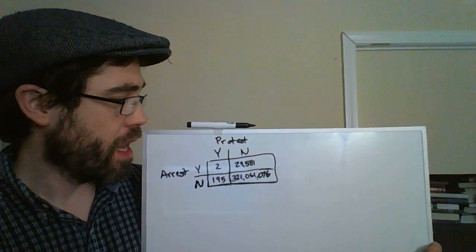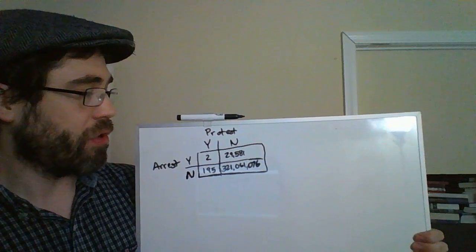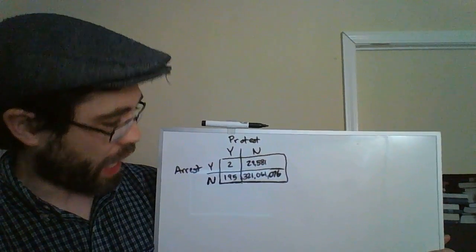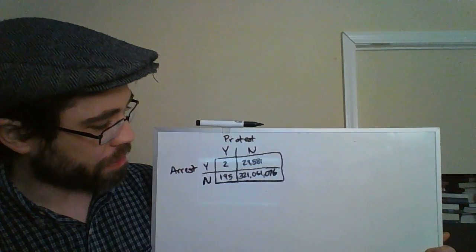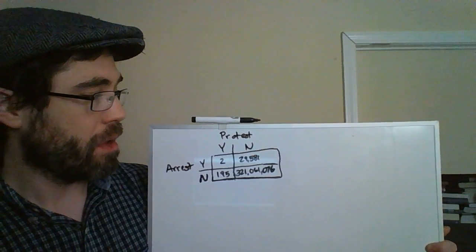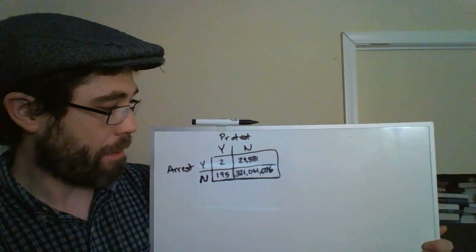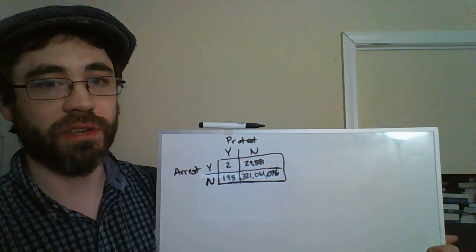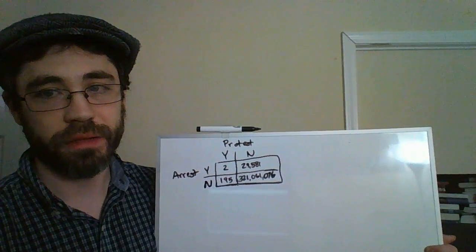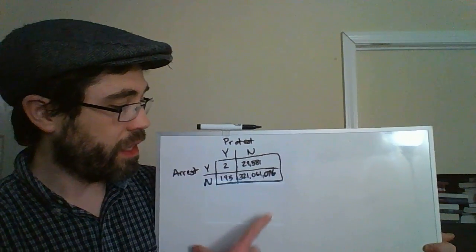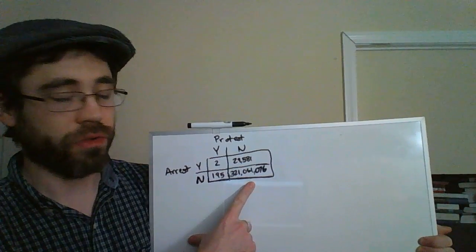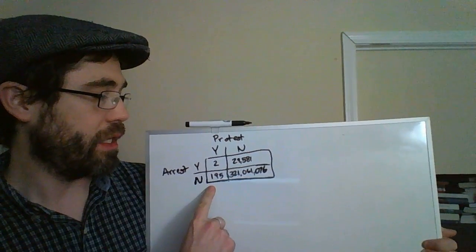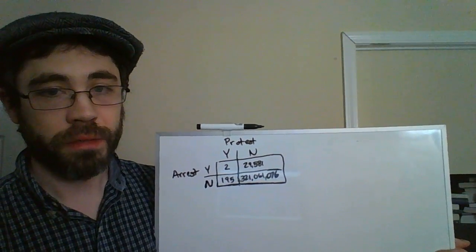You can see we've got about 197 protesters, 2 of whom were arrested, and 321 million and change residents of the U.S., about 29,500 of which are arrested on an average day. These numbers for the U.S. are true numbers from 2015. These numbers are completely made up.